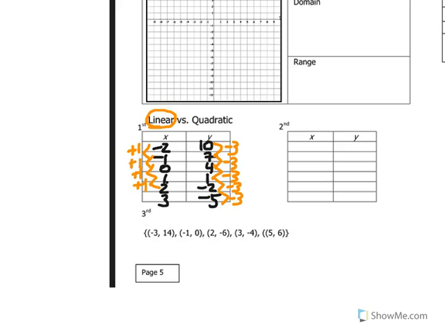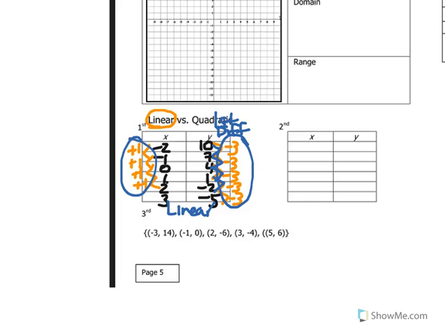So this, what we call the first difference in the y's, this is the first difference. It's a constant, and when the x's are going up by 1s, the y's are always going down by the same amount. So I know this is linear because this pattern occurred the first time I found the change in y's.